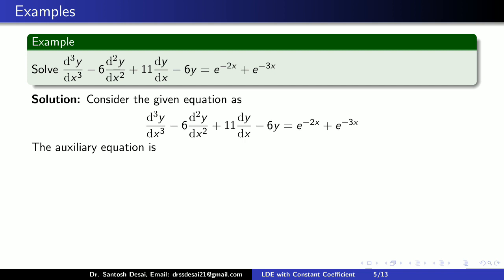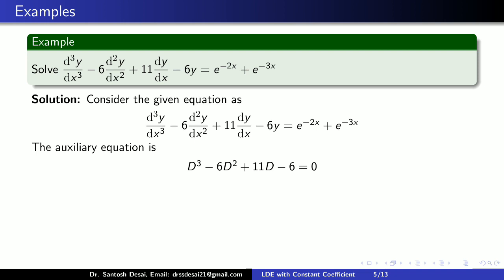Then the auxiliary equation is D cube minus 6D square plus 11D minus 6 is equal to 0. Now this is a cubic equation, so to solve it we have to use the synthetic division method. To apply the synthetic division method, we need one root of that equation. So we find one root by trial and error method.